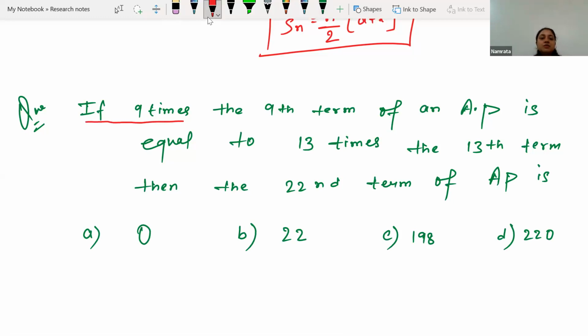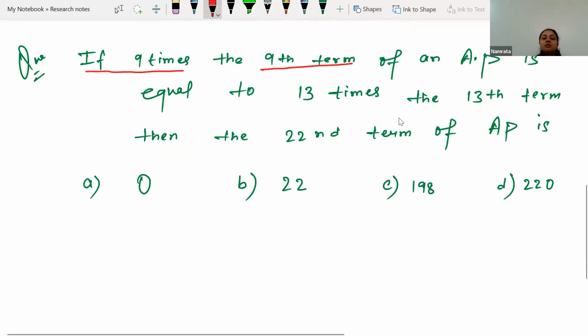If 9 times the ninth term. What will be the formula? How can we write the ninth term? A9, or maybe T9, if I have to write the ninth term, what will be that, Lena? A plus 9 minus 1 times D. Can I write? Yes, ma'am.